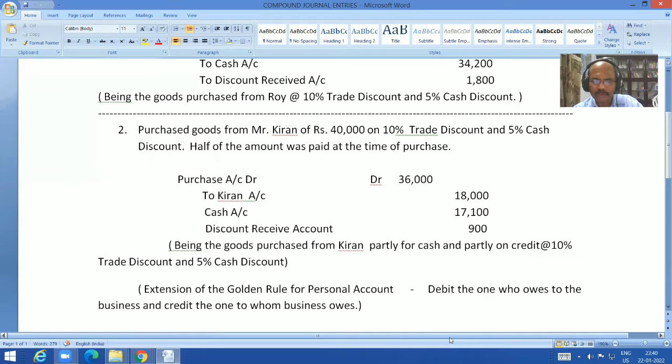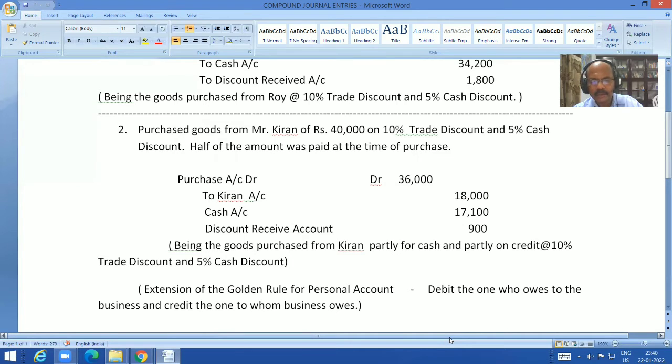Various others explain so many other ways, but I am of the opinion, just keep this in mind, that will suffice our requirements. What is the extension? Debit the one who owes to the business. And credit the one to whom the business owes. That is the extension of the golden rule for personal account.